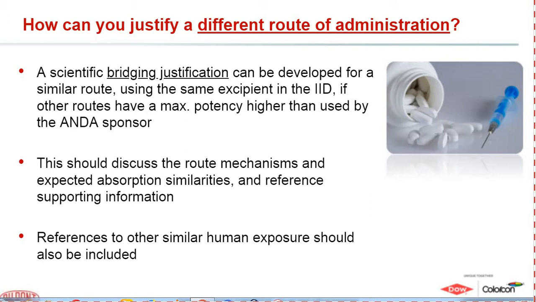So the bottom line is you're really going to have to, again, build this scientific bridging justification for a similar route to what it is you want to use, where you feel that you can scientifically justify that the data that exists for that other route can be utilized appropriately to justify the absorption and some of the other things that might go on in your specific context of use.